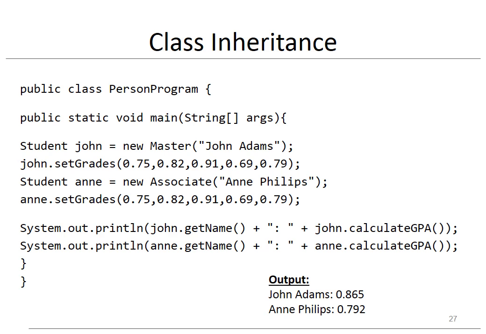For the GPA, neither the associate nor the undergraduate class has a calculate GPA method. So the student version of the method is called and executed for Anne. You can see that the output is different for both objects despite them having the same grades. This is because dynamic method invocation allows different versions of the method to be called depending on the object calling it.